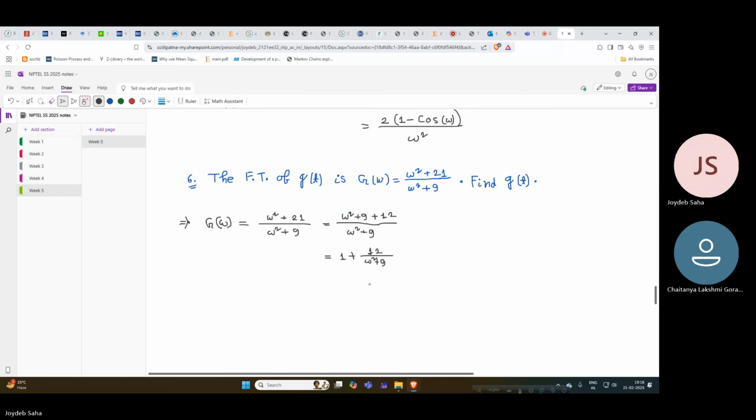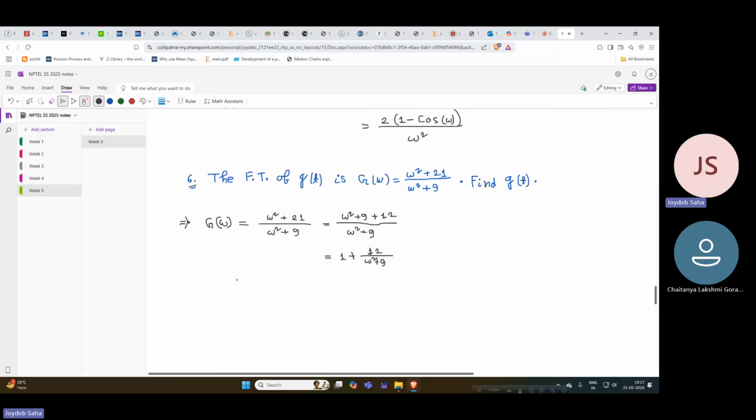Okay, so we have solved in previous sessions that e to the power minus a mod t, its Fourier transform will be 2a divided by omega square plus a square.